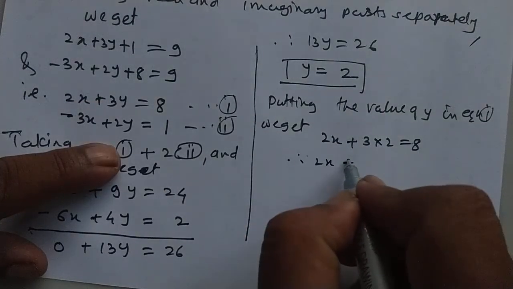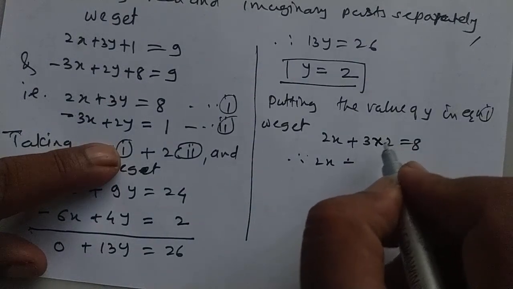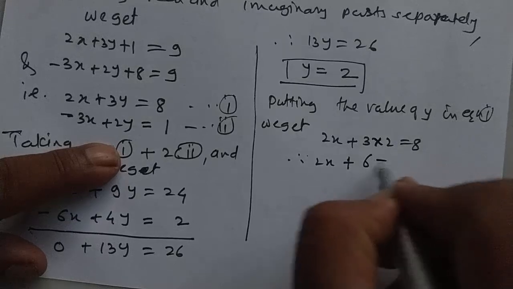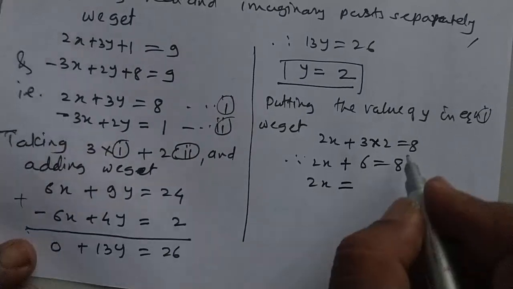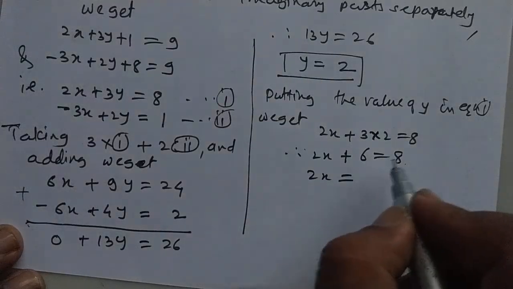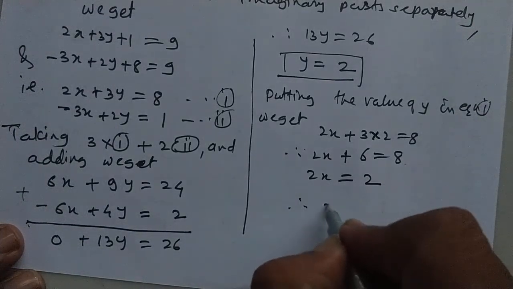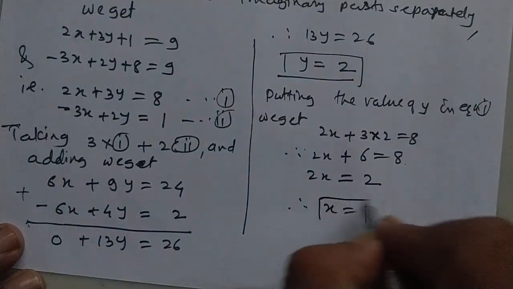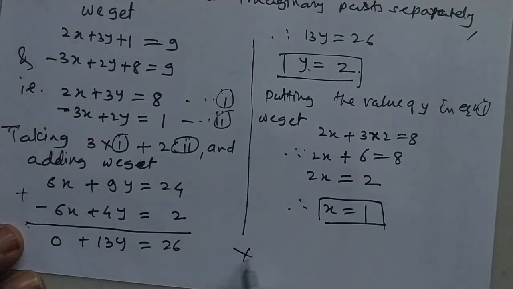Therefore, 2x plus 6 is equal to 8. 2x is equal to, taking 6 to the right hand side, it becomes minus, 8 minus 6, it is 2. Dividing by 2, x is equal to 1. So, this is the value of x and the value of y is 2. So, these are the answers.